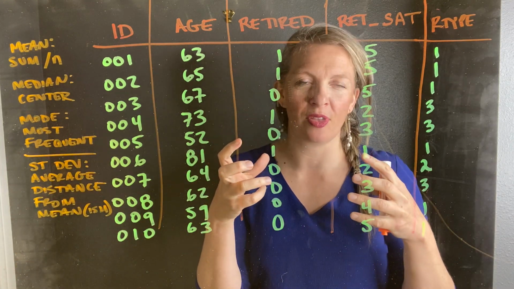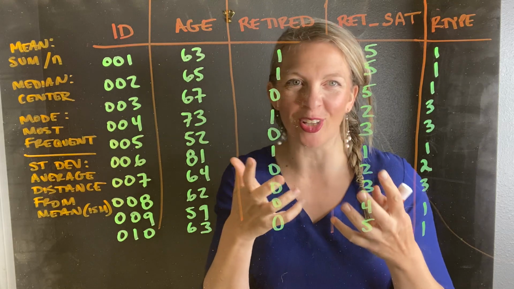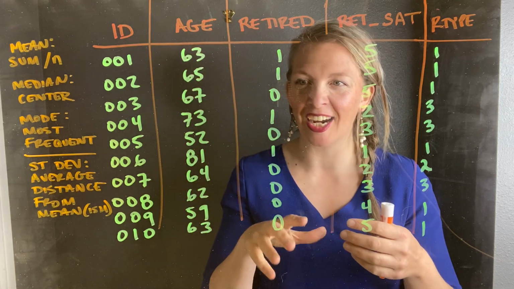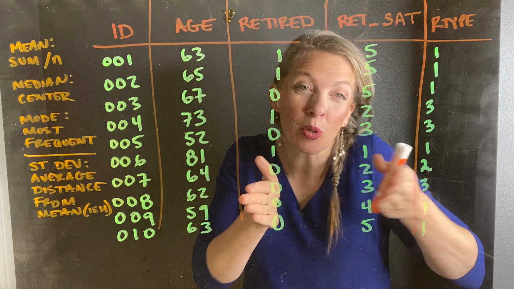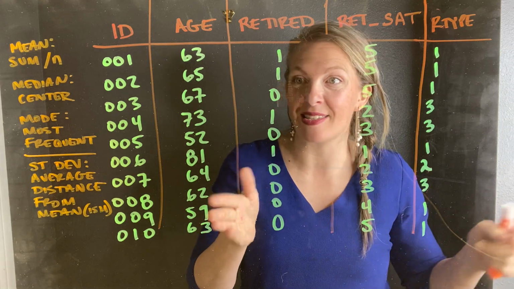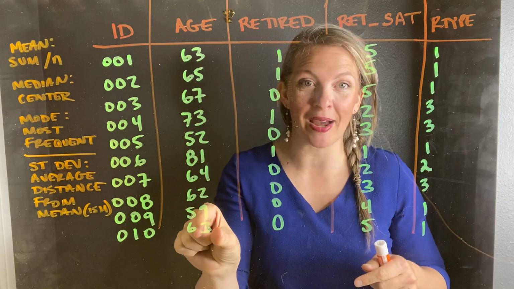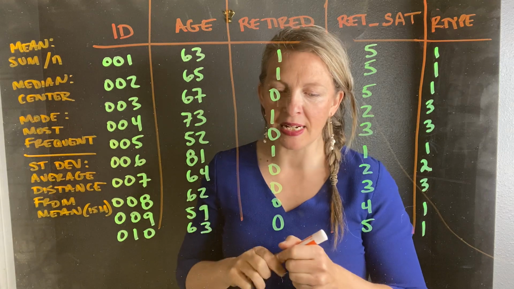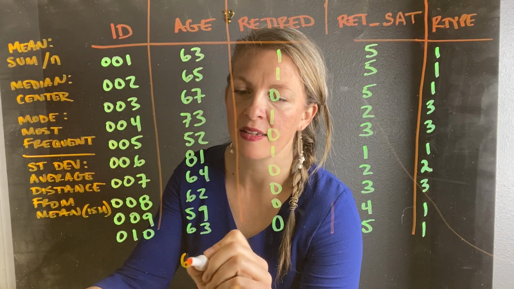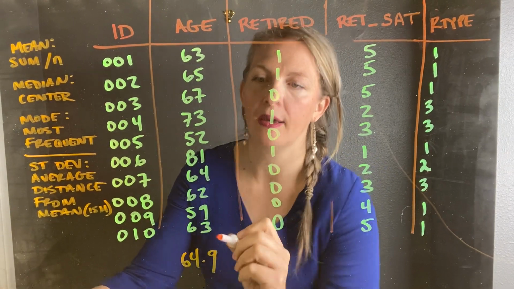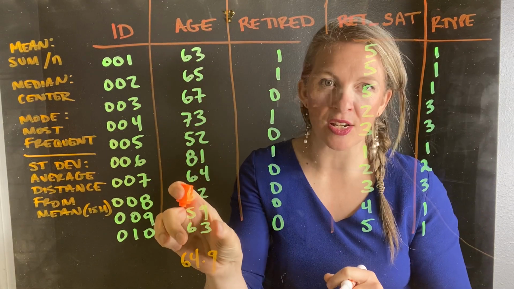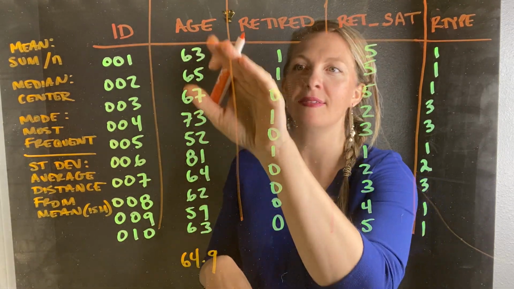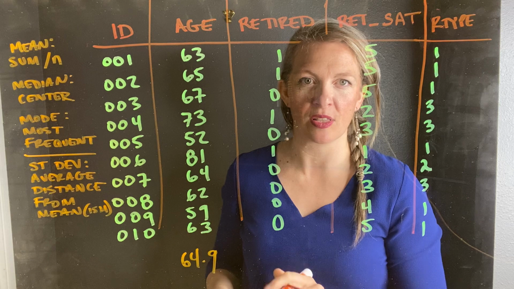It just turns out that there are 649 collective years that have been lived here. And then you divide those up equally among all the people in your data set. So we would divide that number by 10. And so our mean in this case is 64.9. Again, that's adding up all these ages and then dividing by 10 because that's how many observations we have.